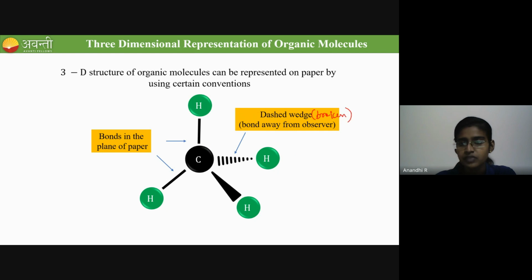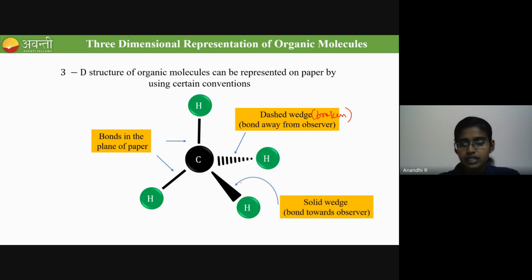And this particular hydrogen atom is away from you. The broken wedge or the dashed wedge represents that the atom attached to it is away from you, means it is away from your laptop or below your laptop or mobile. Then coming to the fourth bond, which is called solid wedge.